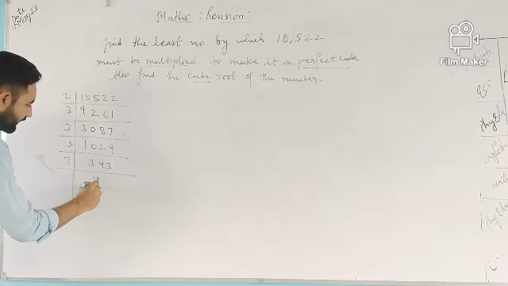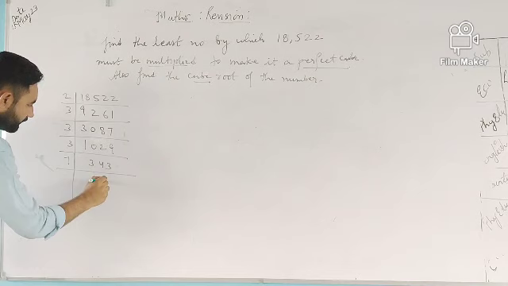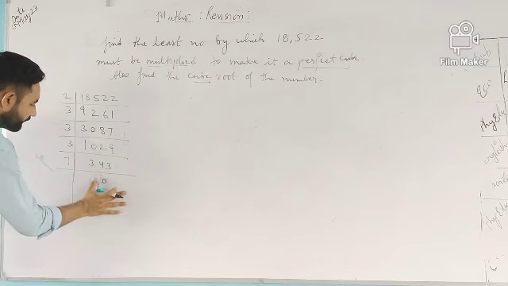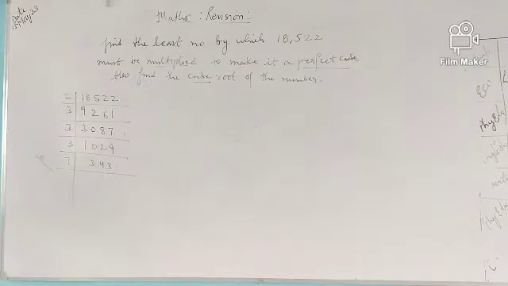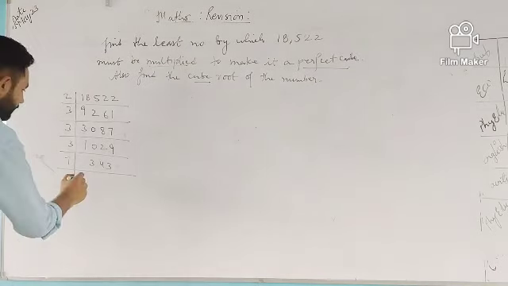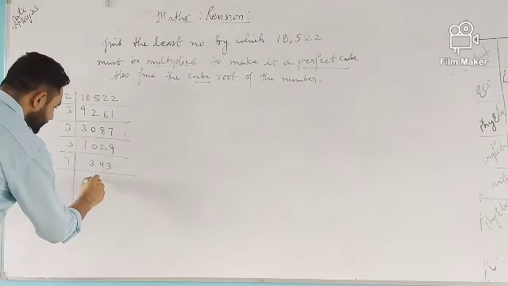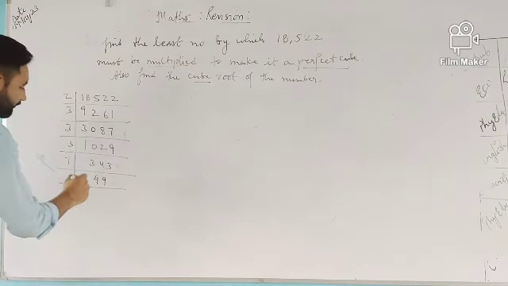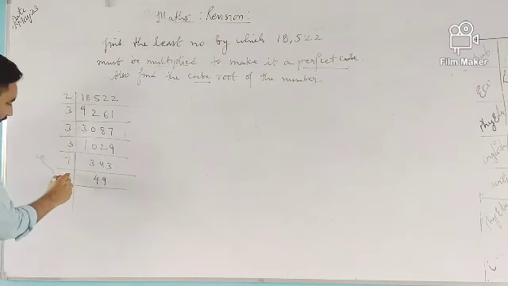When you multiply 49 by 7, you will get 343. So here 7 multiplied by 49. Again, we have 7 7s are 49 and 7 1s are 7.